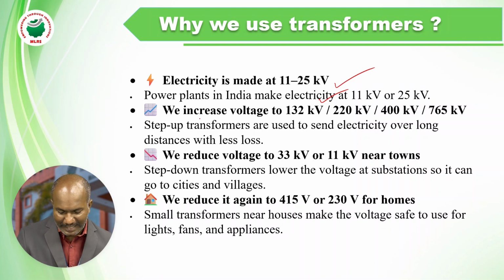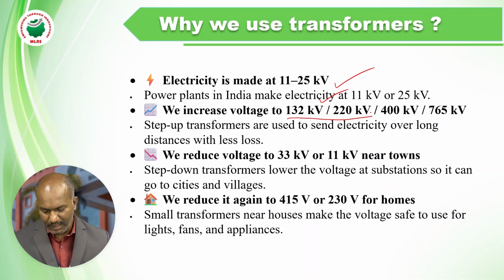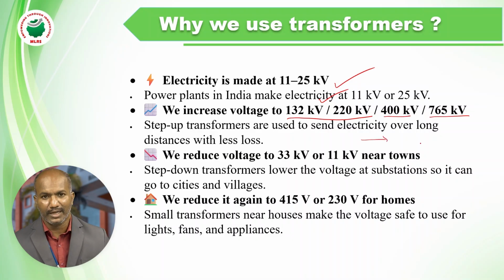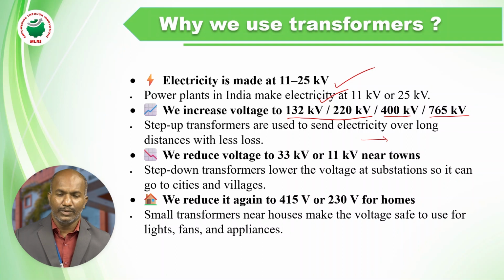We increase the voltage to 132 kV, 220 kV, 400 kV or 765 kV. So we are increasing the voltage level by using transformers. What is the advantage of increasing the voltage level? By increasing the voltage level, we are reducing the current level.